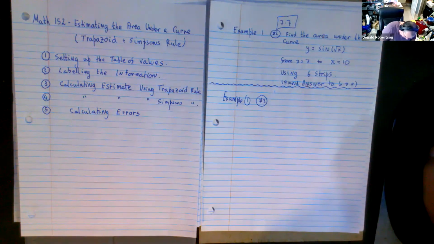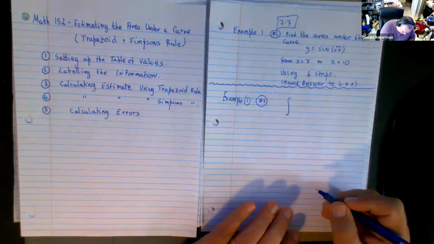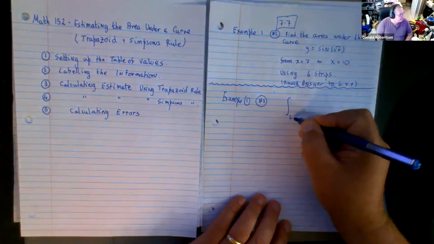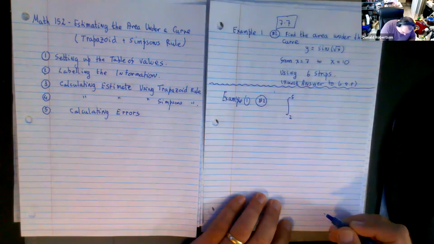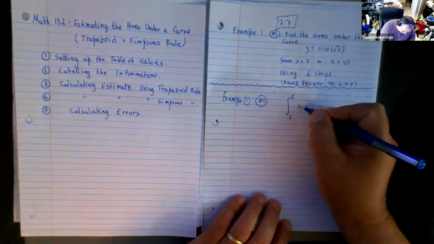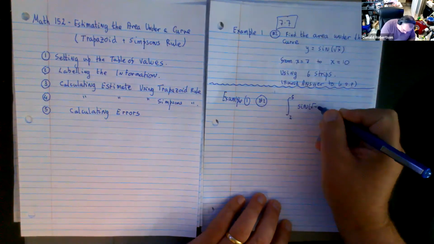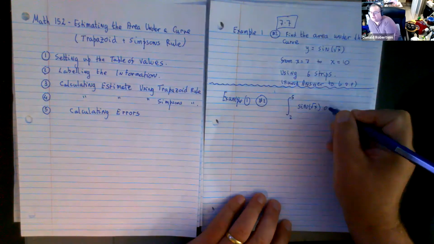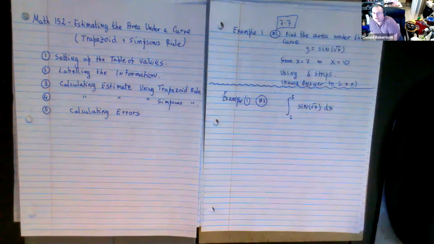It has a funny little symbol that looks like a musical symbol, and it has a 2 there and a 5 there. It has the sine of the square of x, and it is a dx. This is the notation that you use to tell people to find areas under curves.